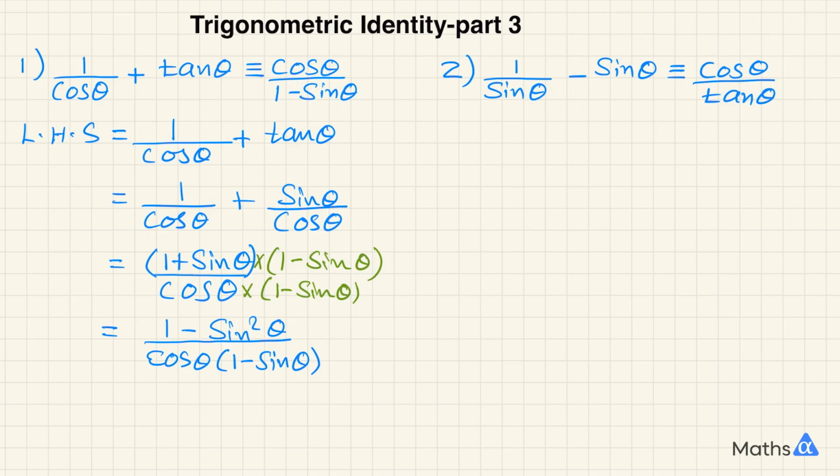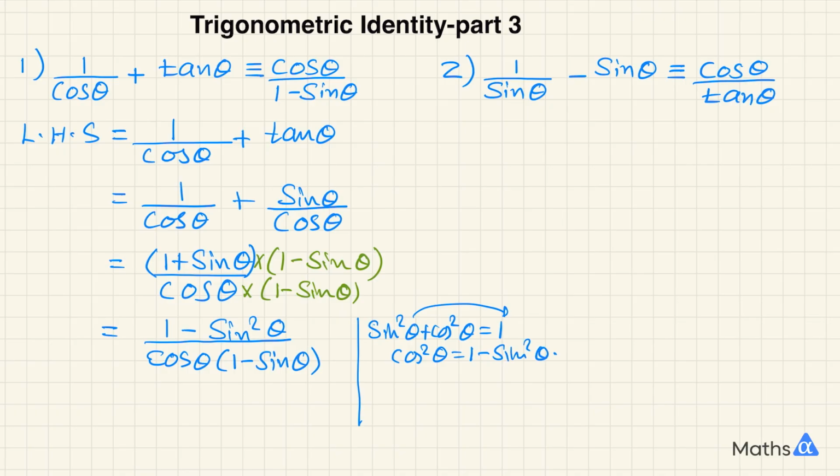We know that 1 minus sin squared theta equals cos squared theta, because for any theta, sin squared theta plus cos squared theta equals 1. If you take this one to the other side, you have cos squared theta equals 1 minus sin squared theta.